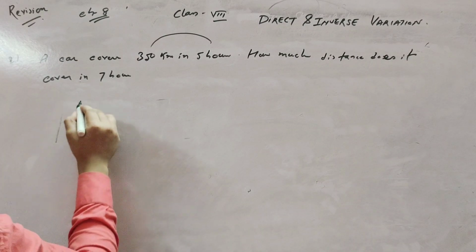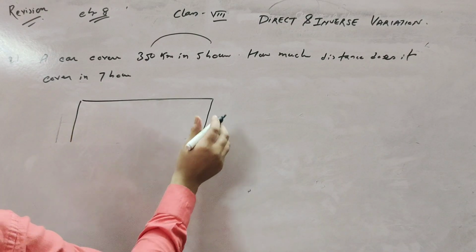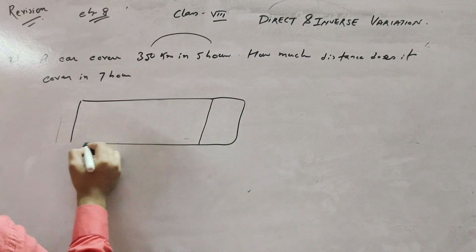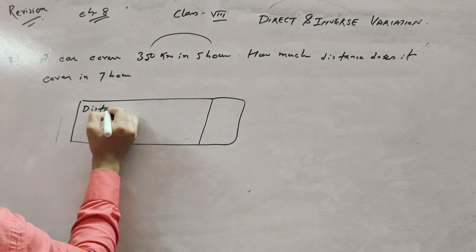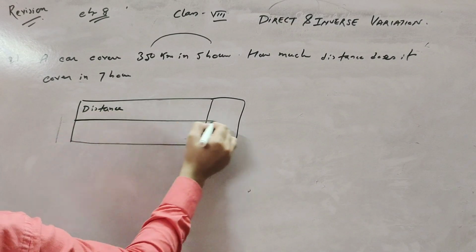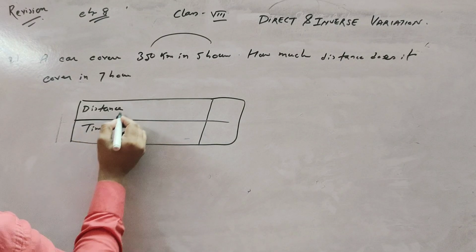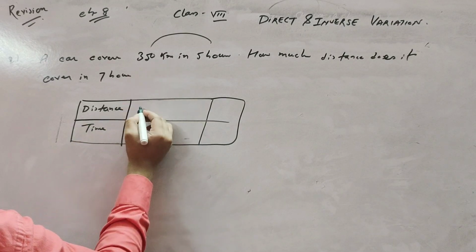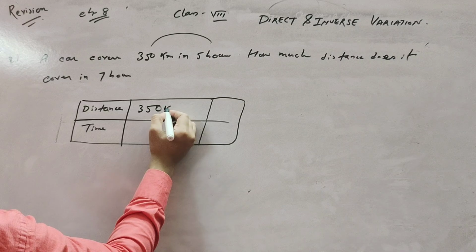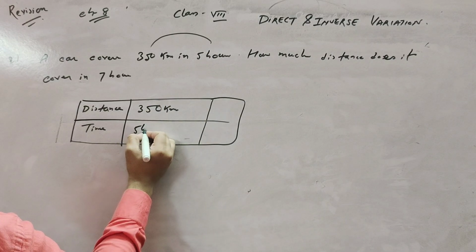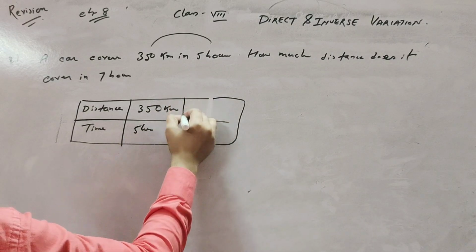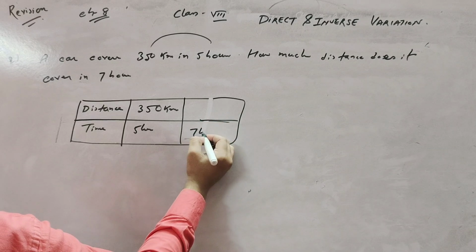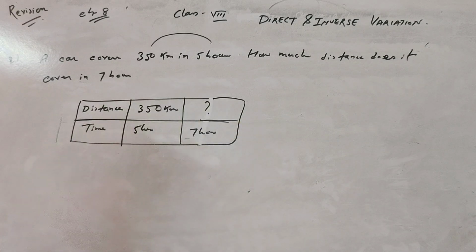So we draw a table: distance by time. In the first case the distance is 350 kilometers and the time is 5 hours. The next one is given 7 hours, and what is the distance?